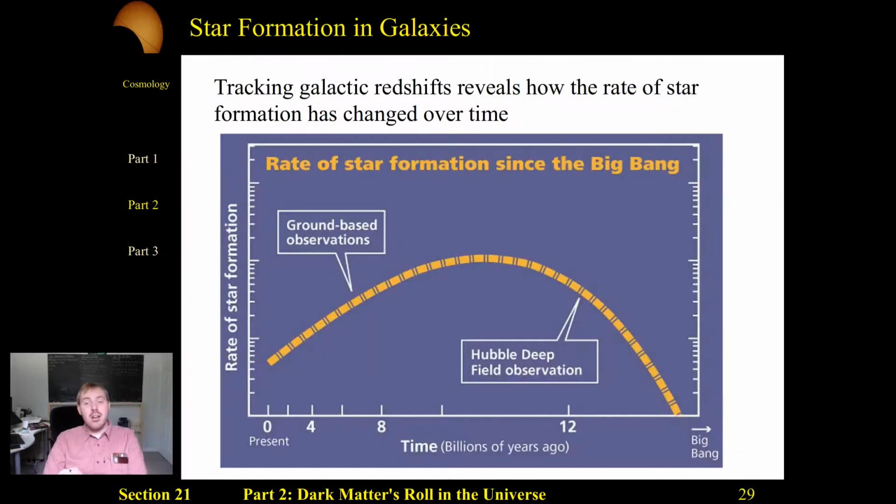Another thing that we've learned about the cosmos by looking through the redshift in time, we've tried to account for how often stars form, what's the rate that new stars are forming. And so what we're looking at here is we track the galactic redshifts and we say, well, what's the rate of star formation?